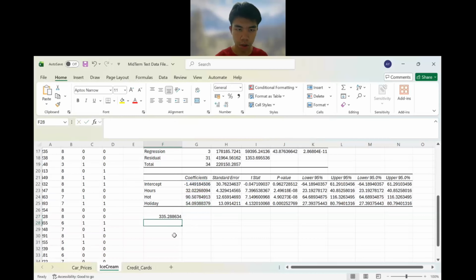So the driver's daily income is approximately 335.29.